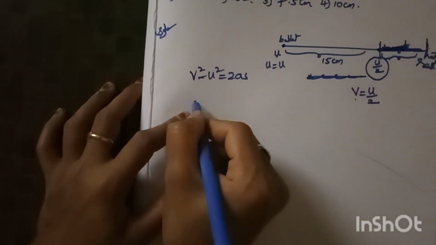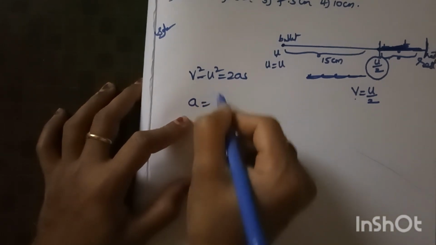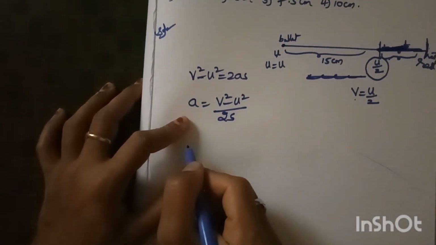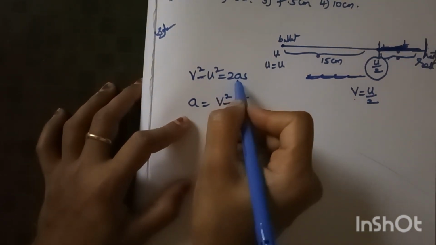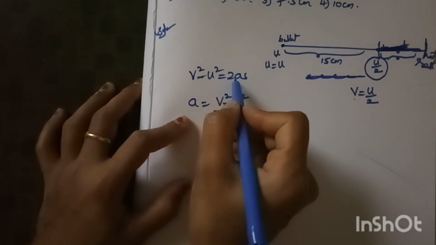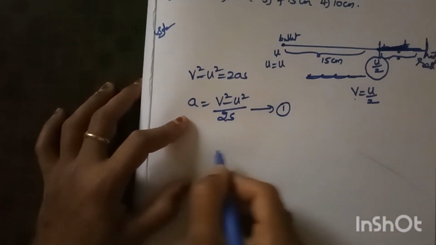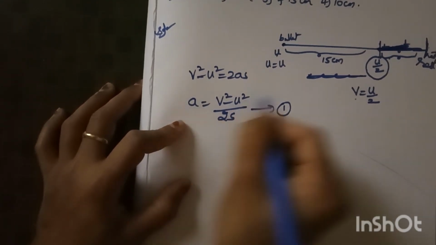So a equals, I want this, v square minus u square by 2s. As 2s is multiplying with a, when I send it to the left hand side it will divide. Consider this as equation 1. So substitute these values.